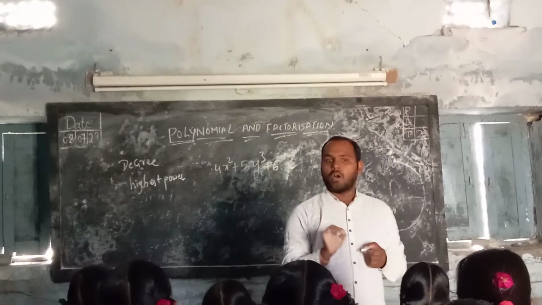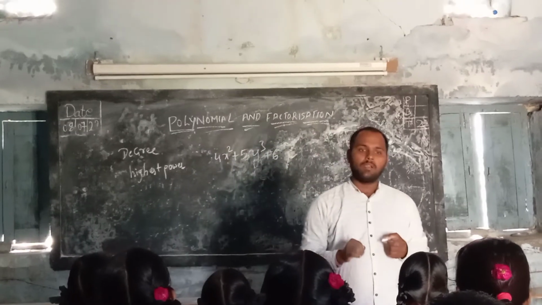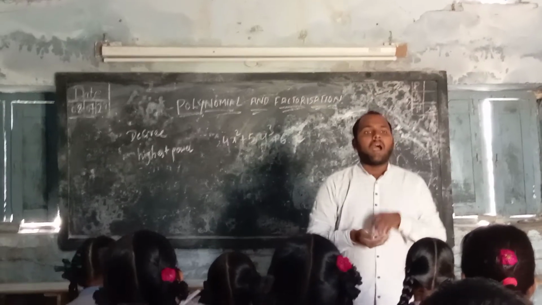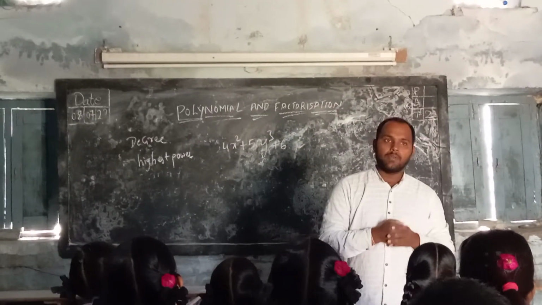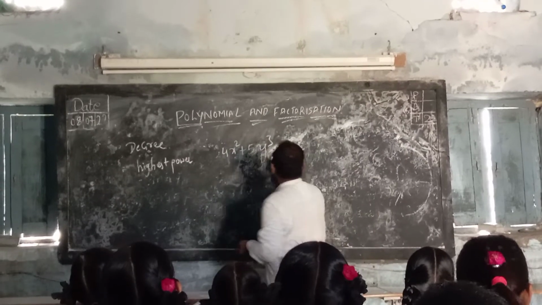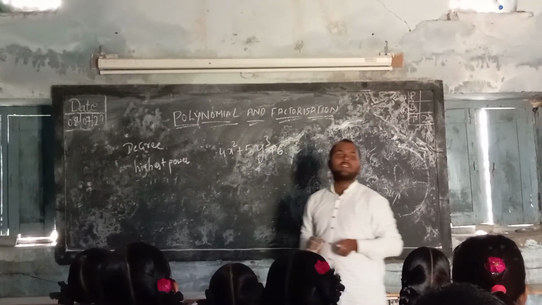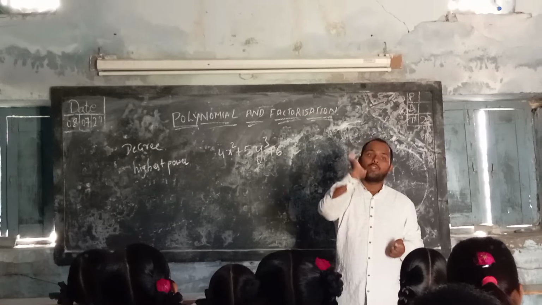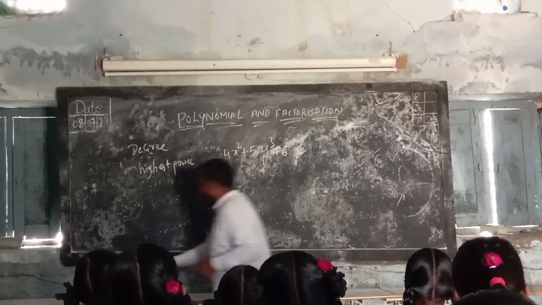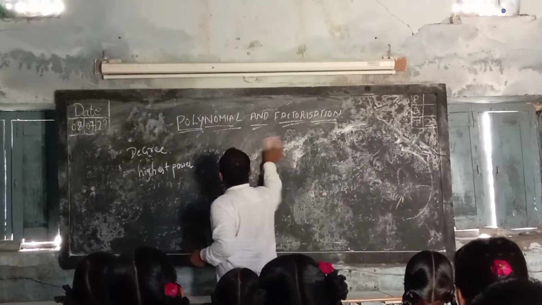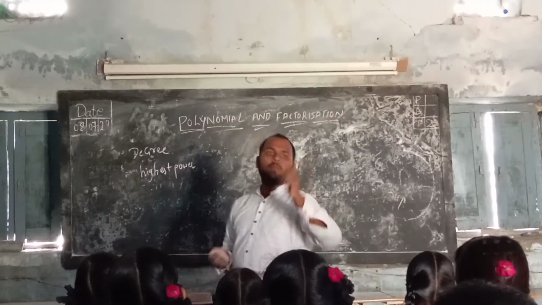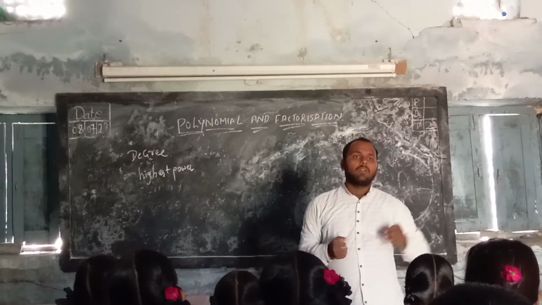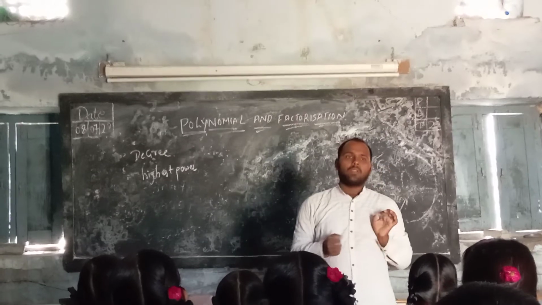How to find out the degree of a polynomial? By the highest power in that expression. So 3 is the degree of that polynomial. It may be a combination of two variables, whatever it may be.